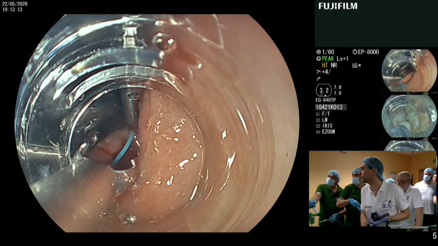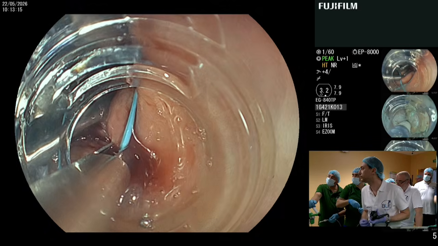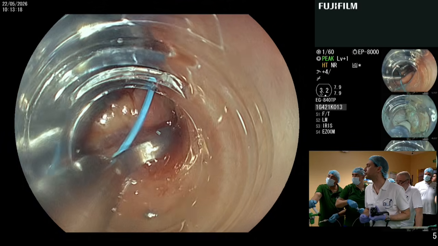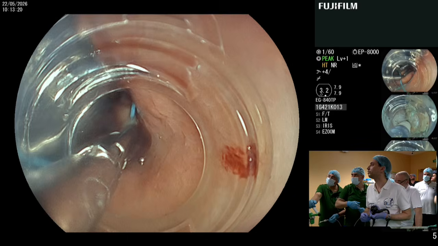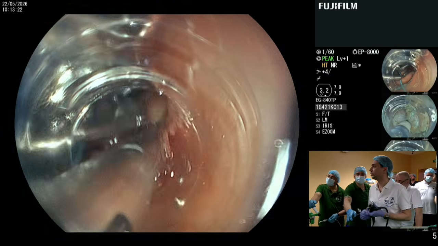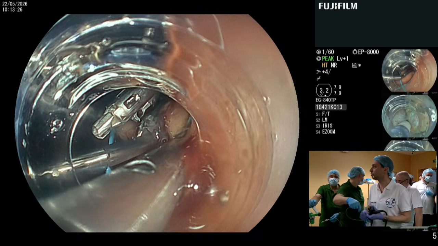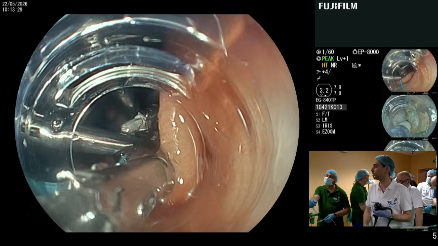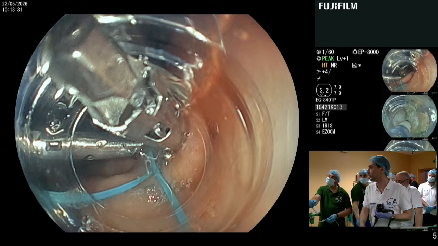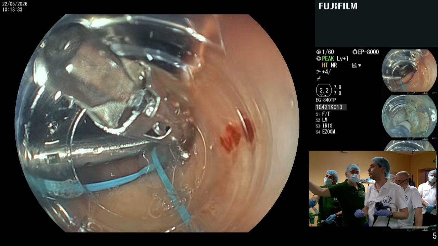Nice. All right. Great. Here. Perfect. Oh, no, open. I have to grasp more mucosa. All right. Close. Fire. Fire? Yes. All right. And then, now I need the last one. With the last one, I will attach both sides of the loop. Yes. One more clip and we're done.